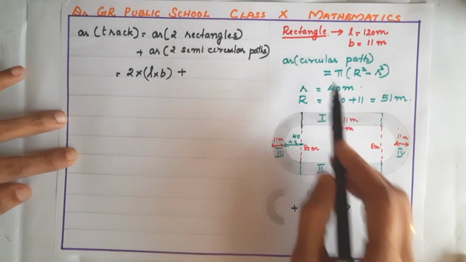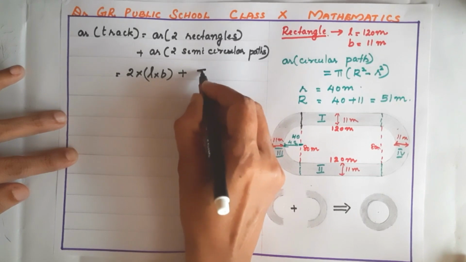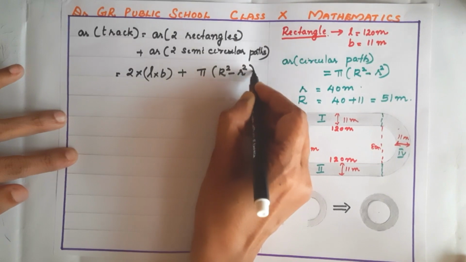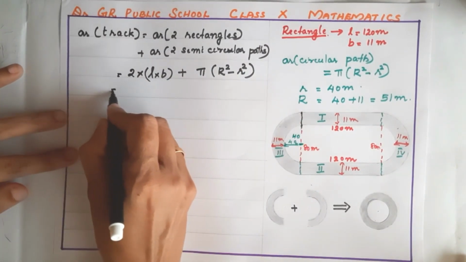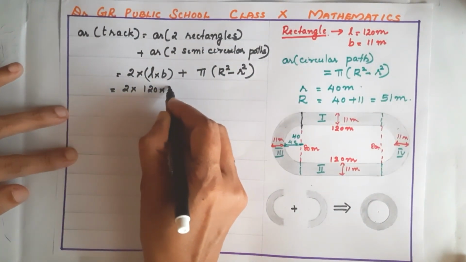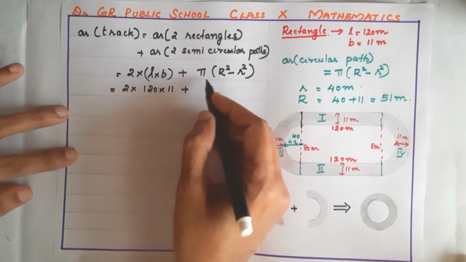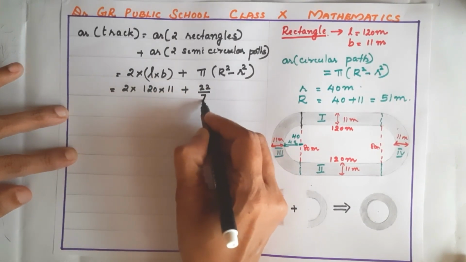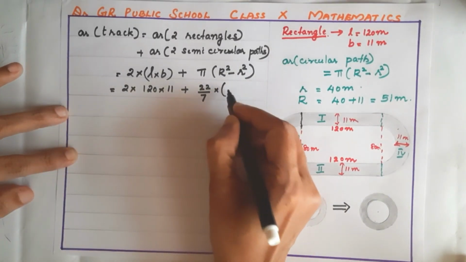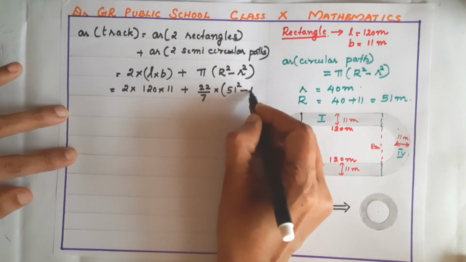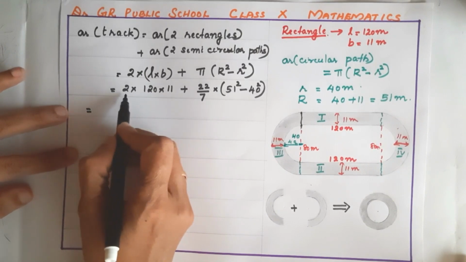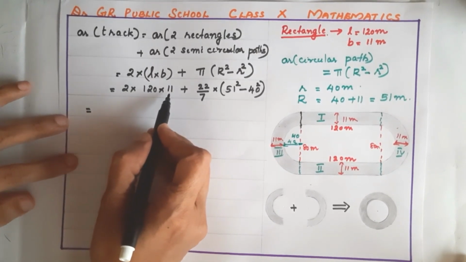Okay, area of one circular path, that is pi into capital R square minus small r square. Okay, equal to 2 into what is length? 120 into breadth is 11 plus here 22 by 7 into capital R square, that is 51 square minus 40 square. Okay, equal to here what is 2 into 120 into 11?